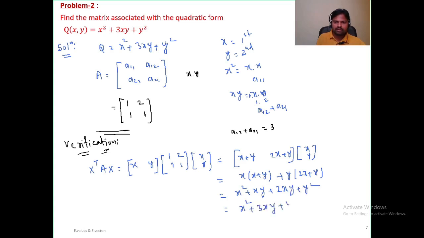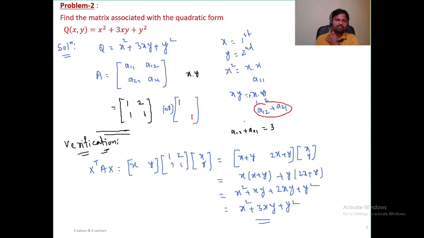Look at that, verified. This is the quadratic form. You can take it like this, or you can do one more way. One more matrix is this: the diagonal entries will not change, the only change is a12 plus a21.